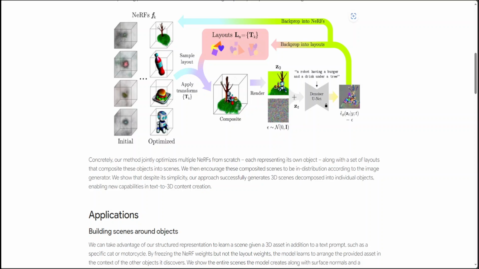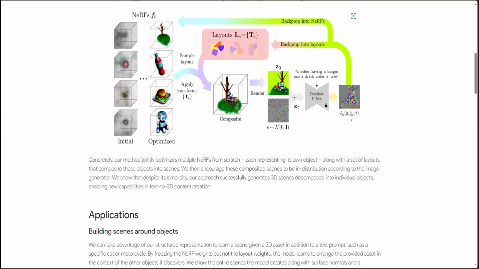Then they incorporate this notion into the architecture of the neural network, enabling the compositional generation of 3D scenes by optimizing a set of NeRFs as well as a set of layouts for these NeRFs. Then they apply layout learning to a range of novel 3D scene generation and editing tasks, demonstrating its ability to disentangle complex data despite requiring no object labels, bounding boxes, fine tuning, external models, or any other form of additional supervision. How cool is that?